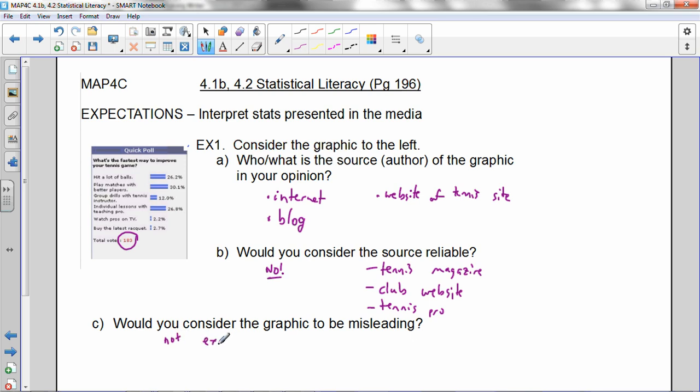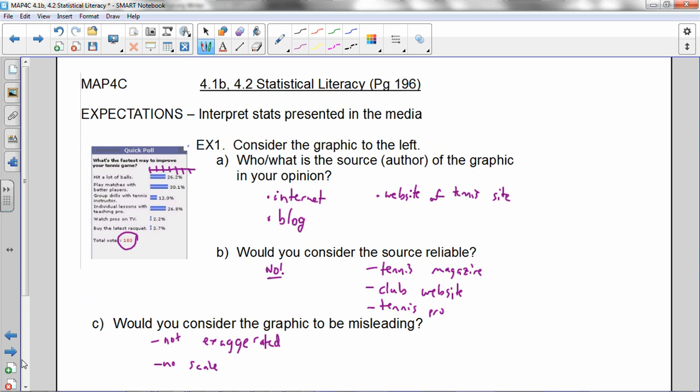I wouldn't say it's exaggerated, and we'll talk quite a bit about graphs that are exaggerated later. But one thing that's weird is there's no scale, right? It's hard to read that would be 26%. So it would be nice to have a scale up here or something like that. But I wouldn't say that it's necessarily misleading.